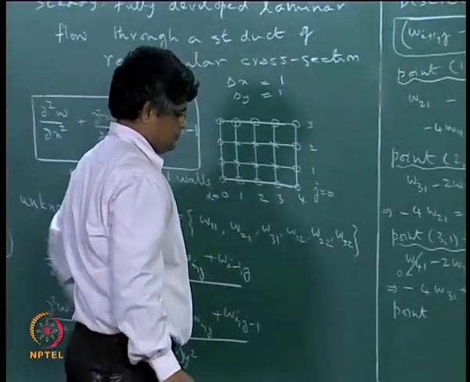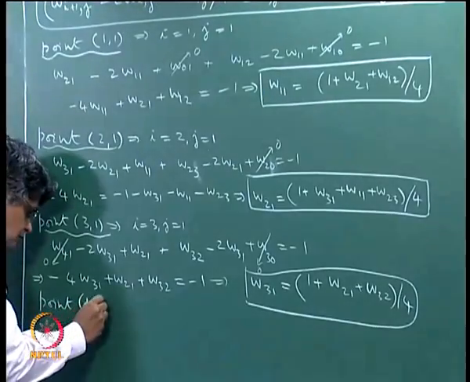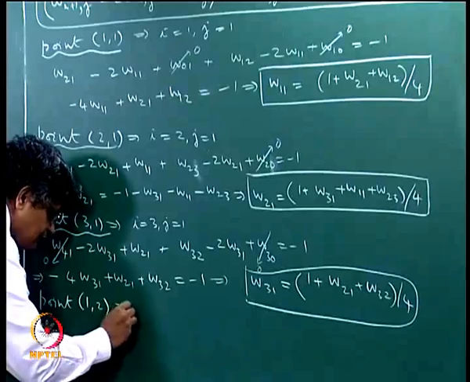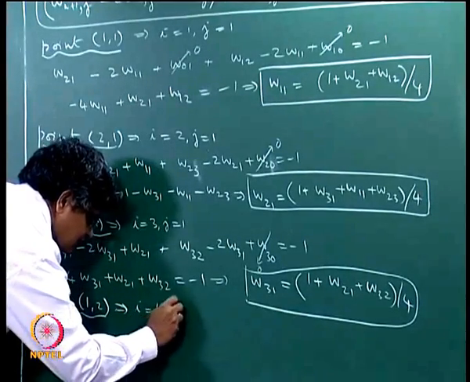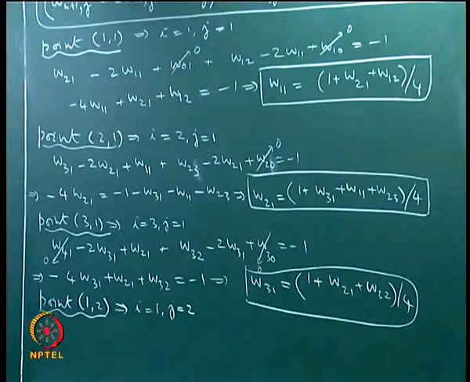We can similarly do it for point 1 2 here. This implies i is equal to 1 and j is equal to 2.